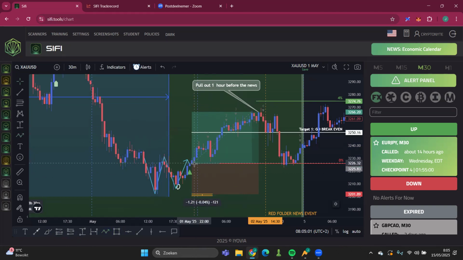We can go to target 2, make 4% profit. That's the third possibility. Or it can happen that we have to pull it out because news is coming. So I have 4 things that I need before I enter, and then there are 4 possibilities that can kick me out: stop loss, break even, take profit, or news.